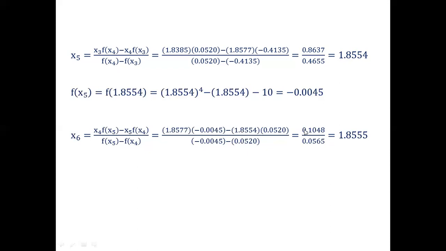Numerator simplification is 0.1048 divided by denominator simplification, which is 0.0565.